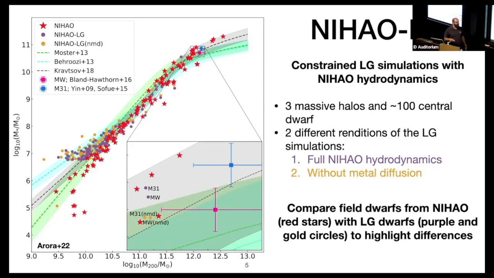One of them is run with fully gasoline, exactly the same as NIHAO, which is shown here in red stars, but there's also one shown in gold points, which is run without metal diffusion. And so the idea here is to ask ourselves the question, if I compare these red stars with these blue and purple dots, do I find differences or do I find similarities? Is the local group a unique place in the universe, or is it just like any other corner of the universe? All right, so let's get started.